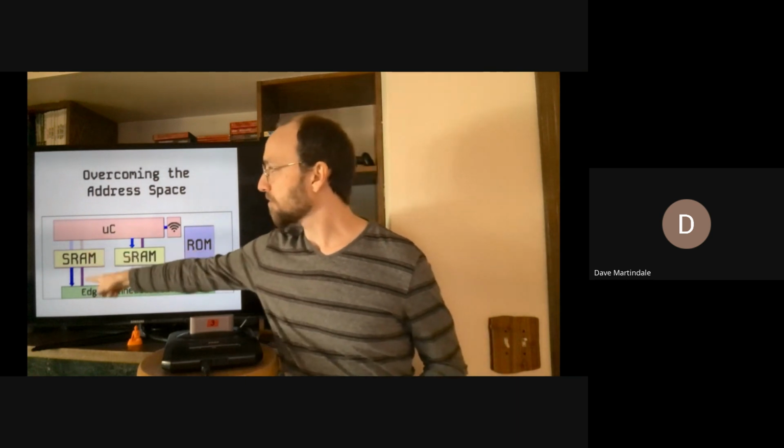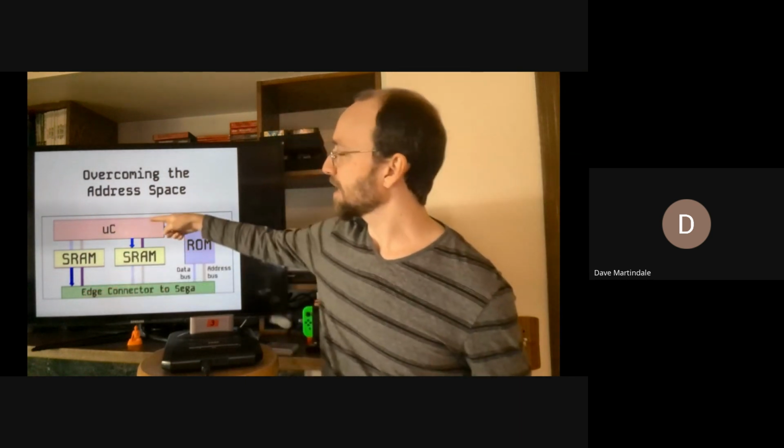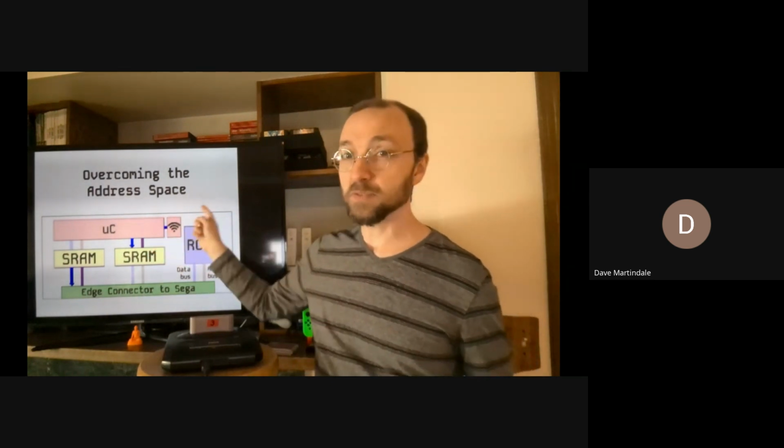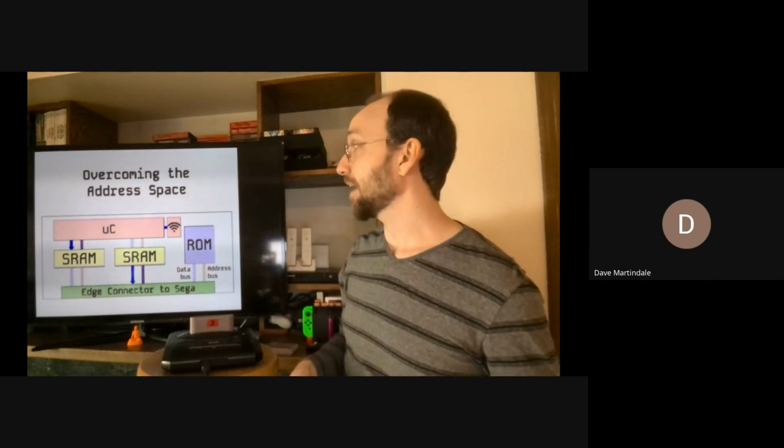So when one bank of RAM is being read by the Sega, the other is being written to by the microcontroller with data that it's pulled down over the internet, and vice versa. In this way, you can create a potentially unlimited stream of video data and audio from the internet.